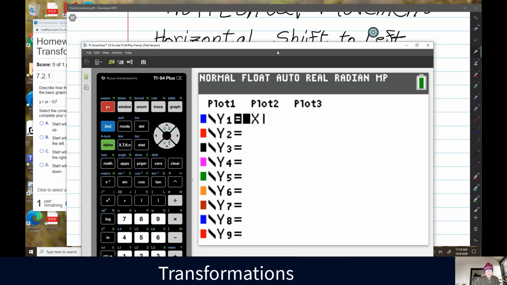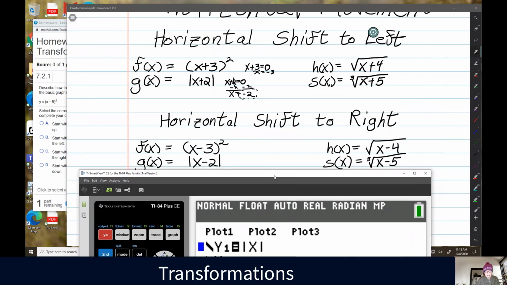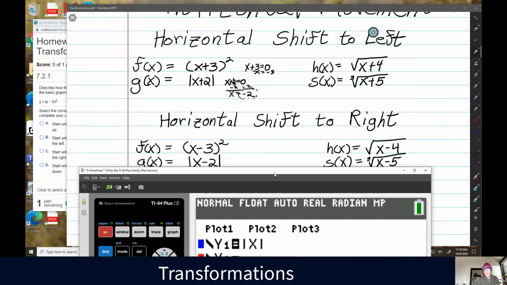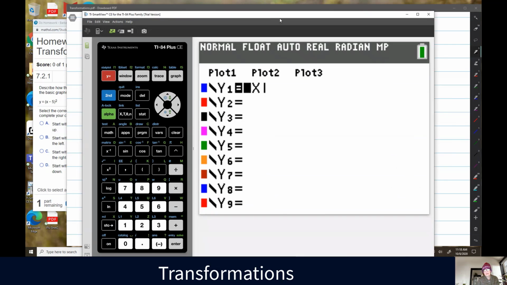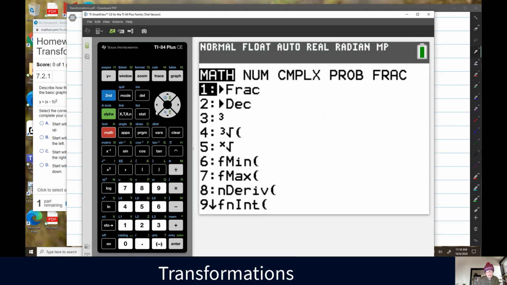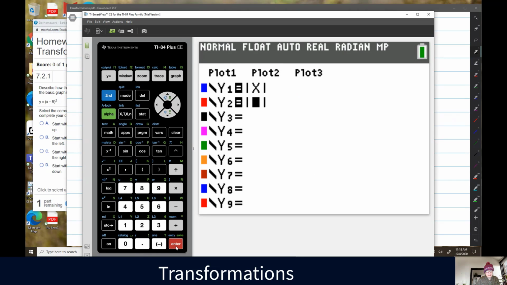Now I am going to move this 2 units. So I will pick math, right, enter. Now, the argument is inside the absolute value bars. I will have x.